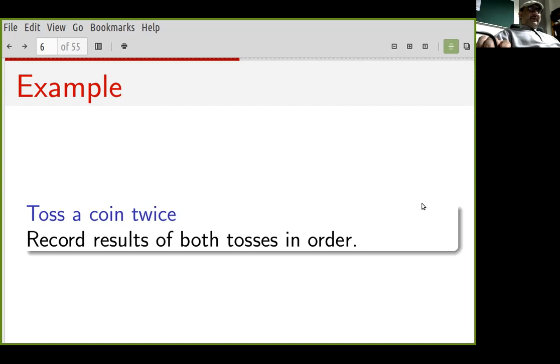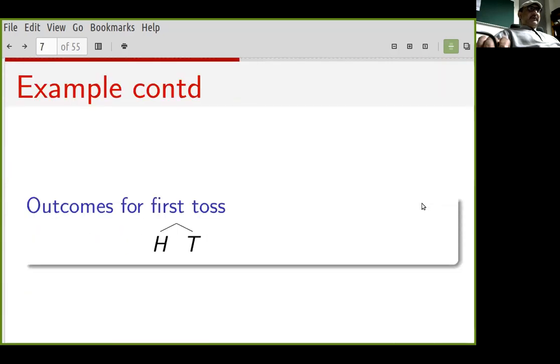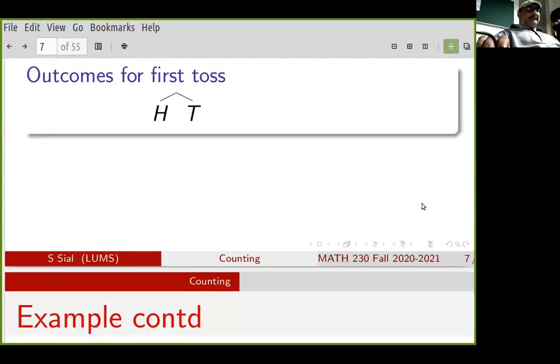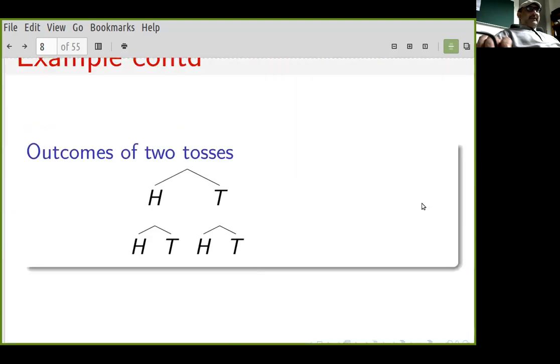Then I'm going to toss it again, and record the result. So the first toss, you either get a head or a tail. And then after getting a head or a tail, what do you get? Well, you could get a head or a tail, or after tossing a tail, you could get a head or a tail.